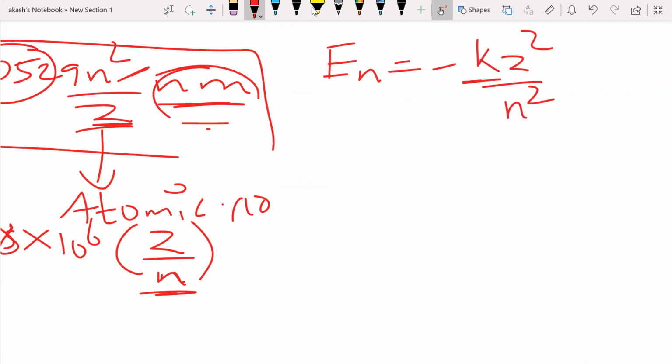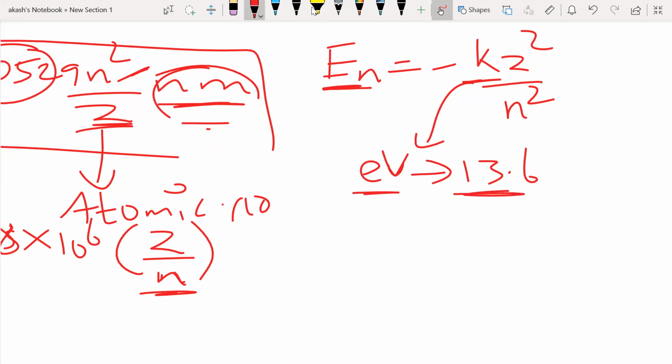I'll tell you what this k is. This k depends on what unit you want the answer in. If you want the En value in electron volts, then you put the k value as 13.6.